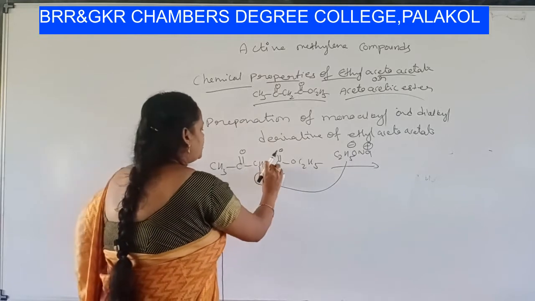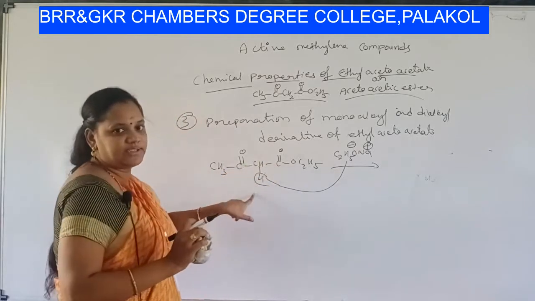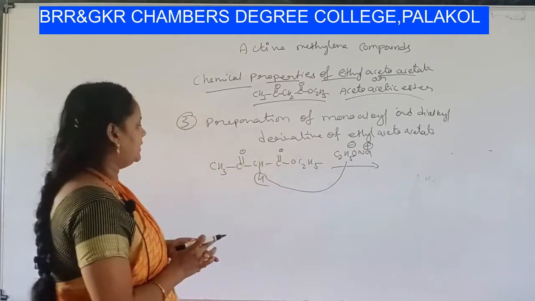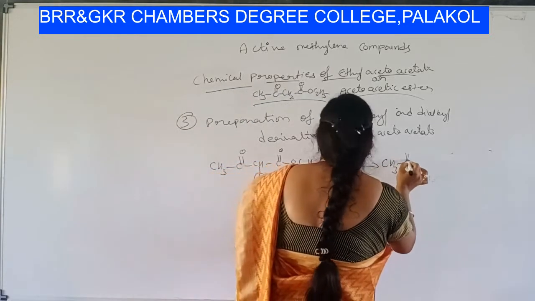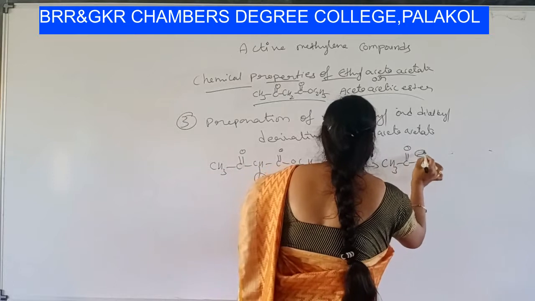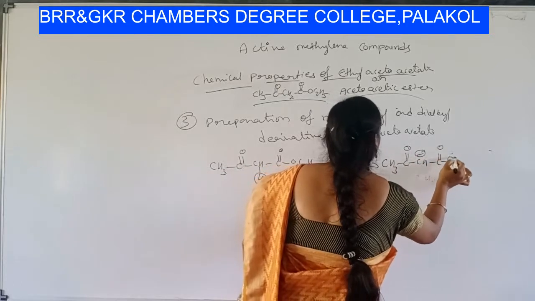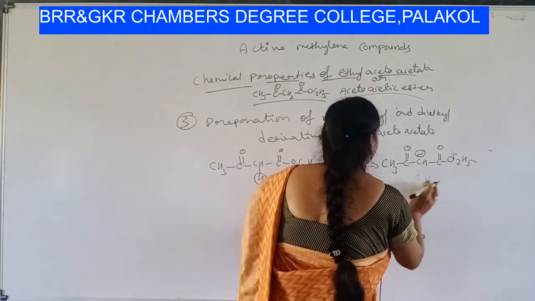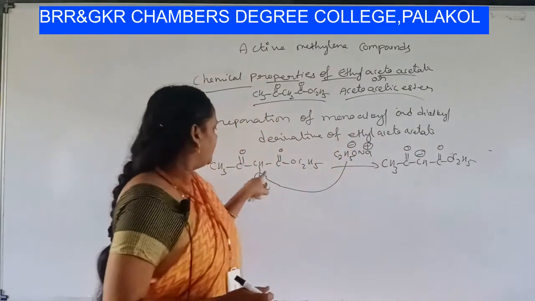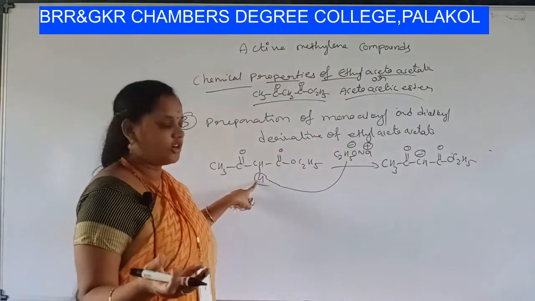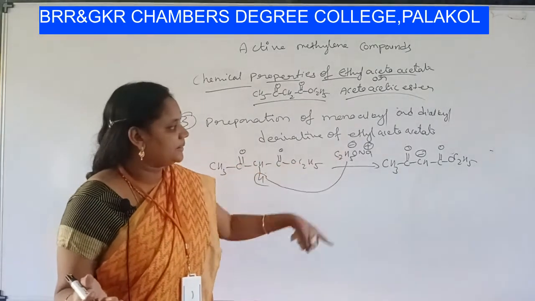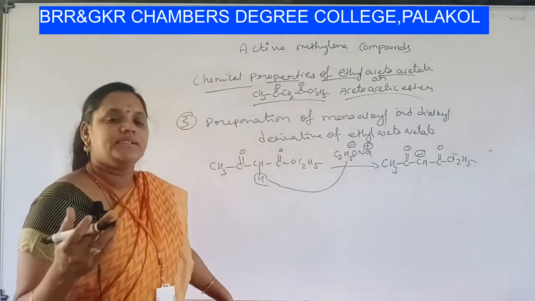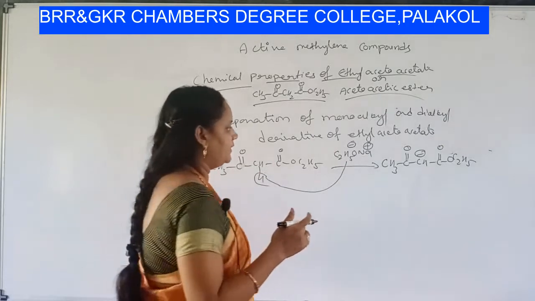I am writing CH2 as CHH, students, so that you can clearly understand. So we'll remain with CH3 C double bond O CH minus C double bond O OC2H5. H plus is leaving as a proton. So for carbon, what you will get? Minus charge.